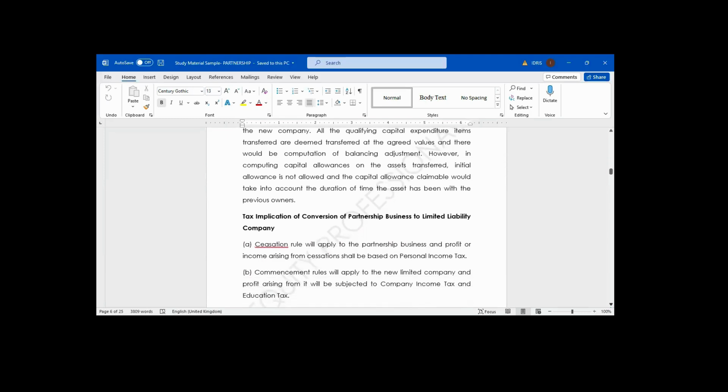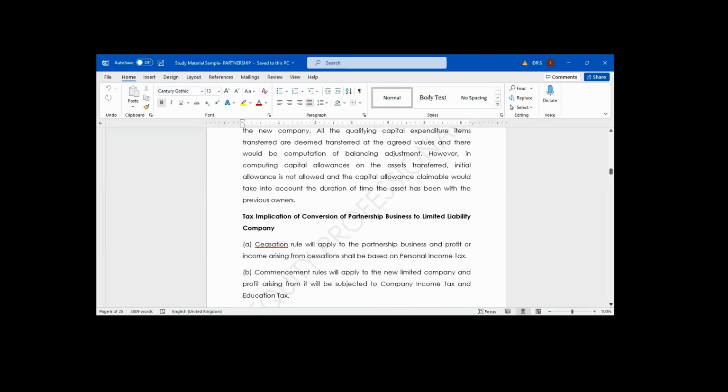Number one, the tax implication of conversion of partnership business to limited liability company is that cessation rule is going to apply to the partnership business. And profit arising from cessation shall be based on what?